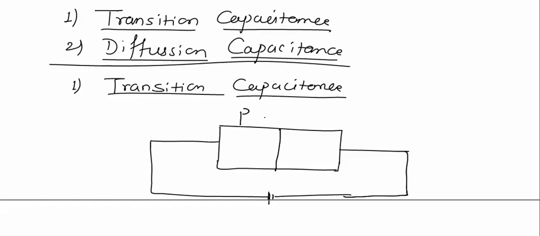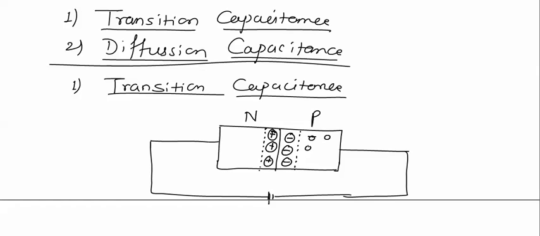For this PN junction, this is N layer and this is P layer, and at the junction this is depletion layer. On the N side there are positive ions and on the P side there are negative ions in depletion layer. Remember that there are no free charge carriers in depletion layer because all the charge carriers are removed from the depletion layer, hence it is called depletion layer.